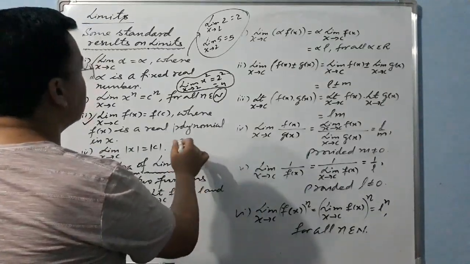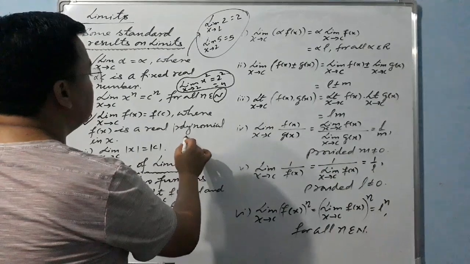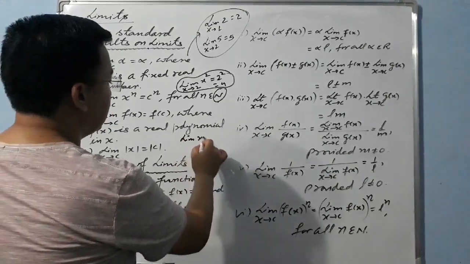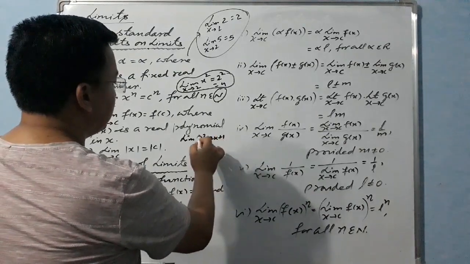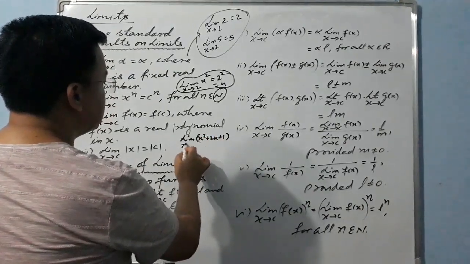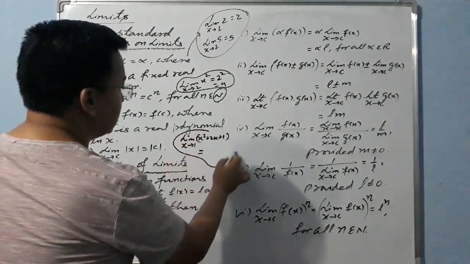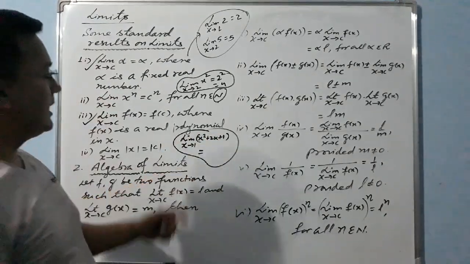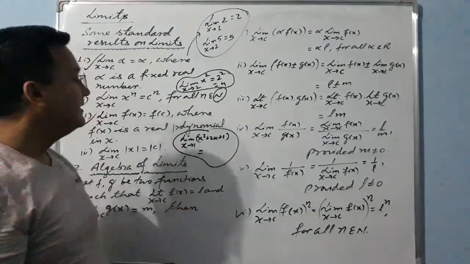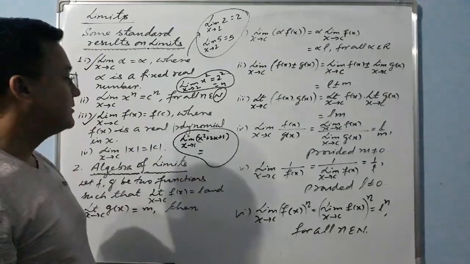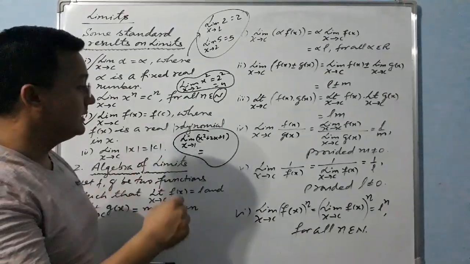Here let me take an example: the limit of x square plus 2x plus 1 as x tends to 1. It's a simple example. The important thing is that you should understand this.